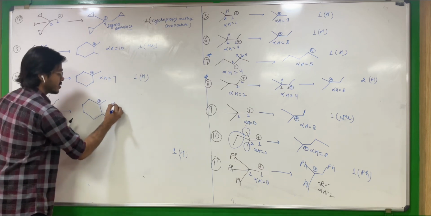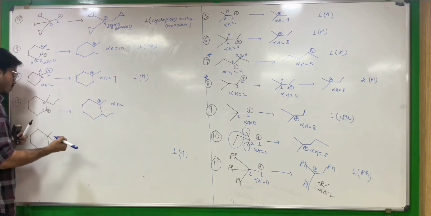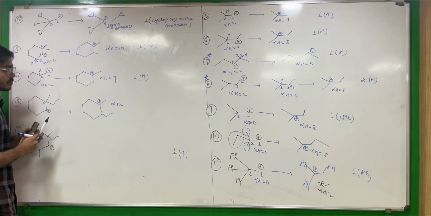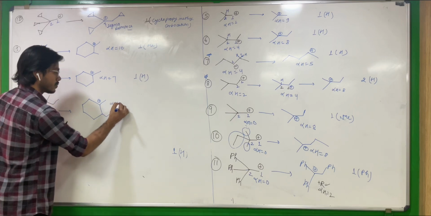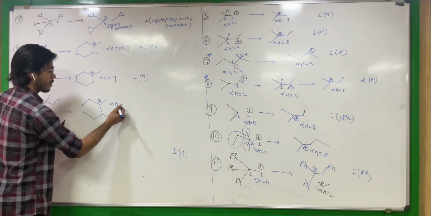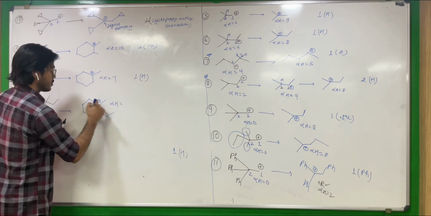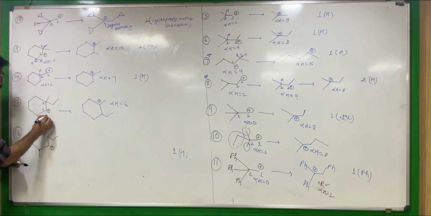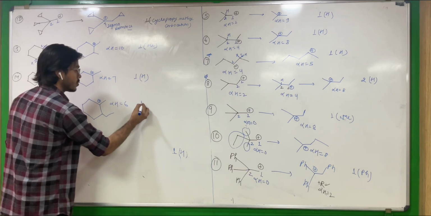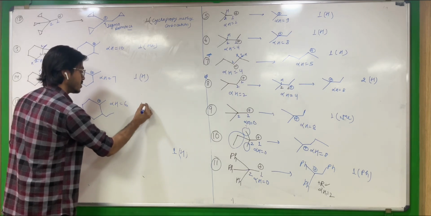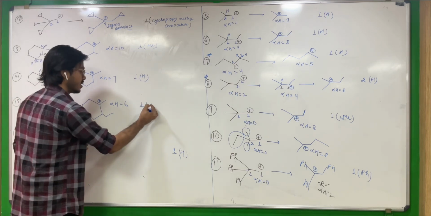In this case, alpha hydrogen is equal to 6, and here alpha hydrogen is equal to 2. So this is more stable. So a 1, 2 shift will take place, and the group which is shifting is ethyl.